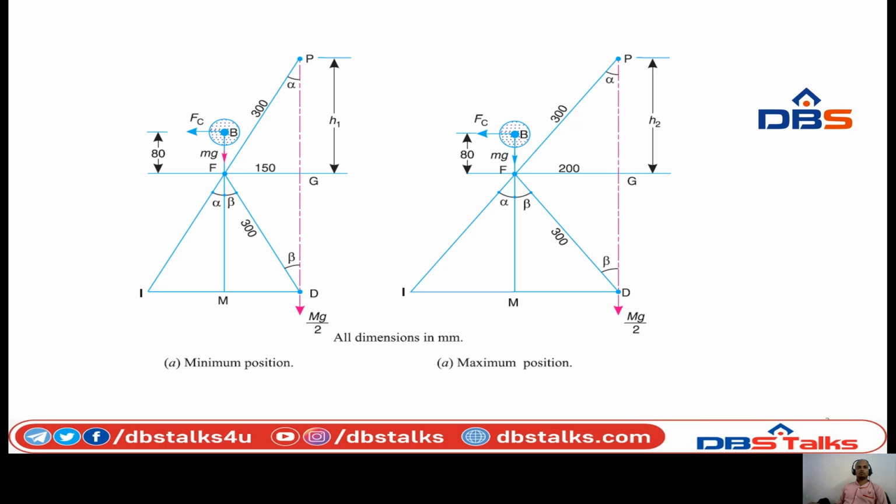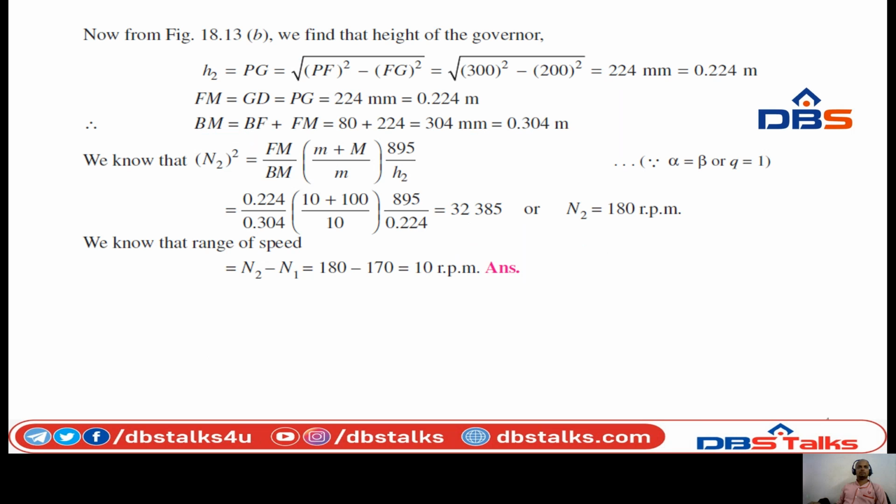Why are we equating them? Because the arm and the links are both equal in length, so the angle of inclination is also the same. That's why FM is equal to PG.